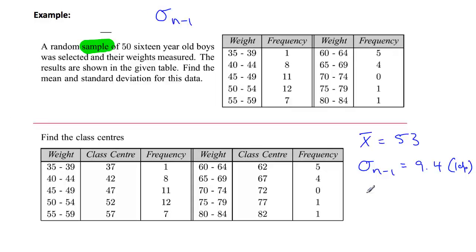And you might as well just check what the population standard deviation would be, and you'll find that it'll be actually smaller than the sample, which simply means it's an underestimate of the real deviation, sample deviation, which is 9.4.